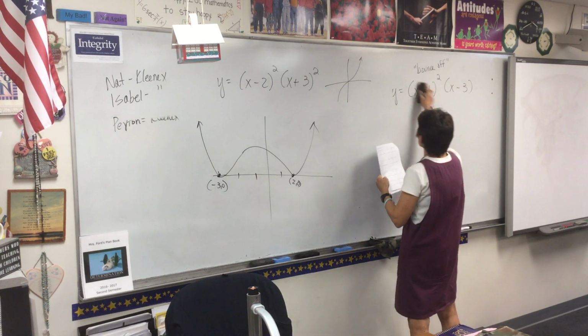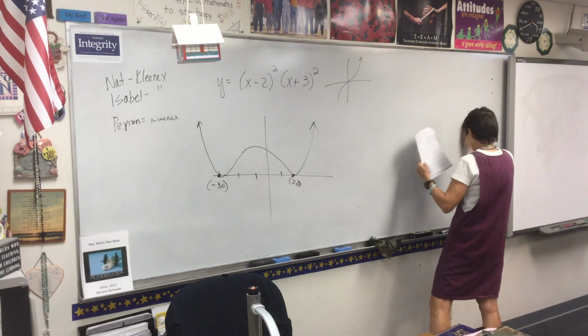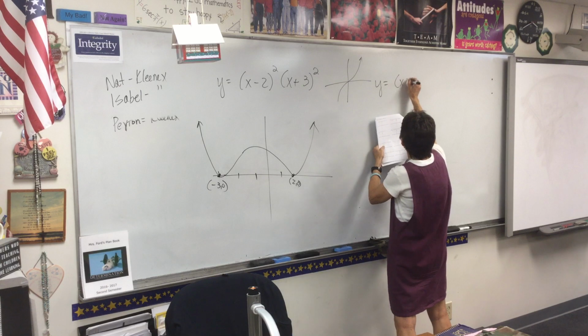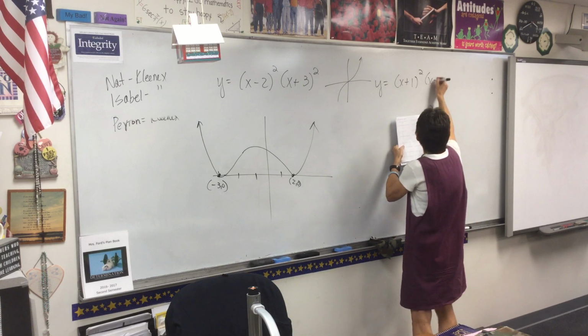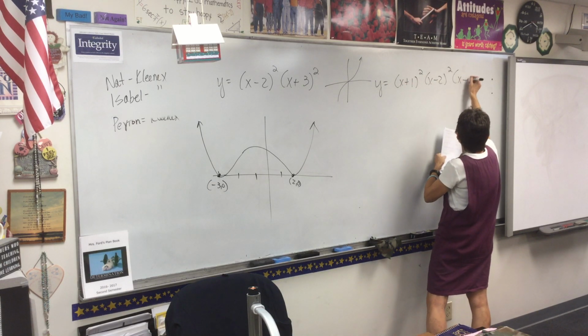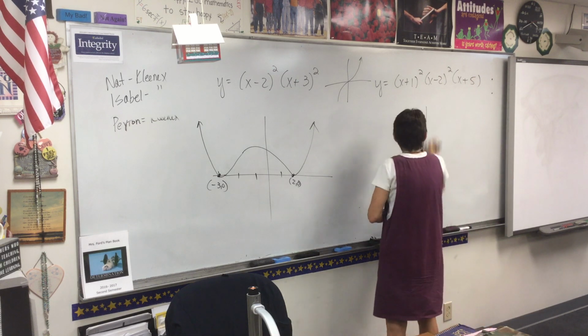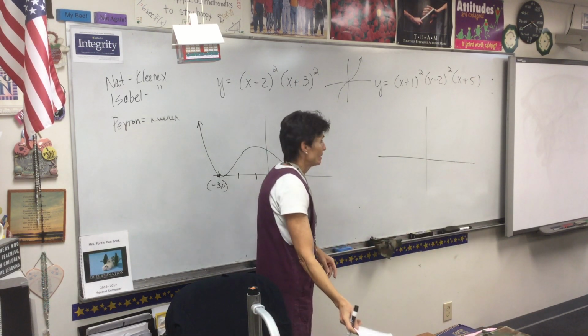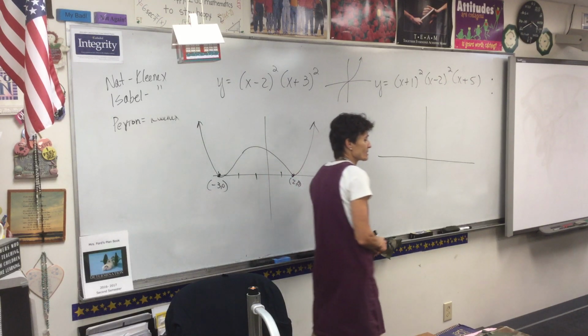Okay, oh my gosh, look at E. So we have x plus 1 squared, x minus 2 squared, and x plus 5. All right, so let's not panic because it's big. We are going to sketch this.